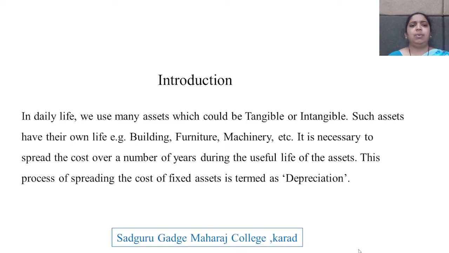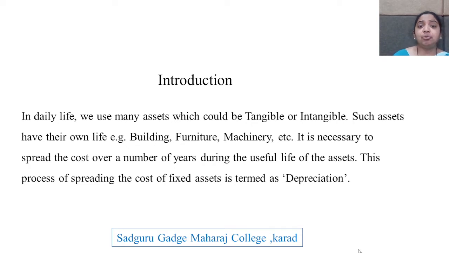So you know very well that in our day-to-day life, we use various types of assets, like tangible assets. We also use intangible assets. Like building, furniture, machinery, when you take an example, they have their own life. Own life means once you purchase a furniture, afterwards you will use it for 5 years, 10 years.